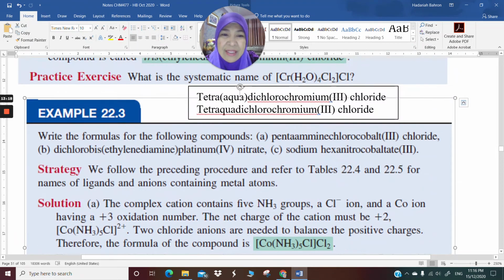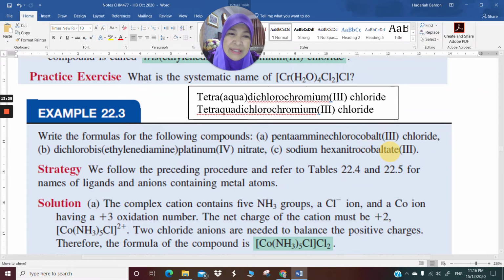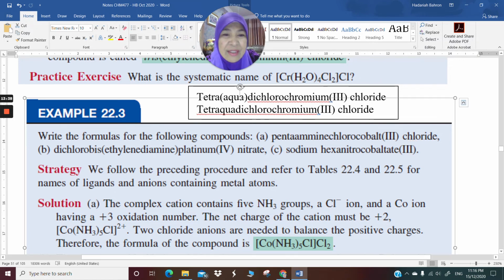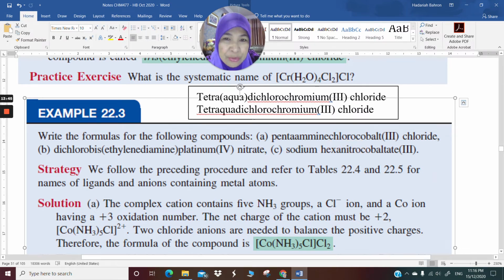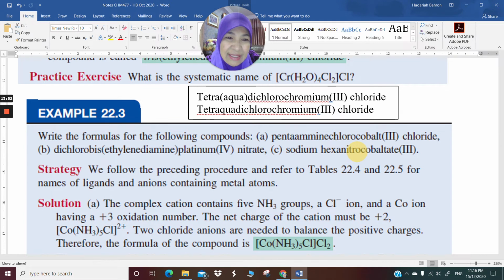Yep. And the next one is sodium hexanitrocobaltate 3. So when you see cobaltate, you know that this complex ion is an anion. It has a negative charge. But how many sodium is needed? So, hexanitro. Nitro is NO2. NO2 has -1 charge each. So you have 6 of them. So that's -6.